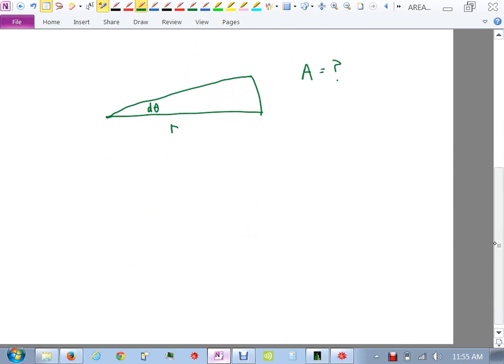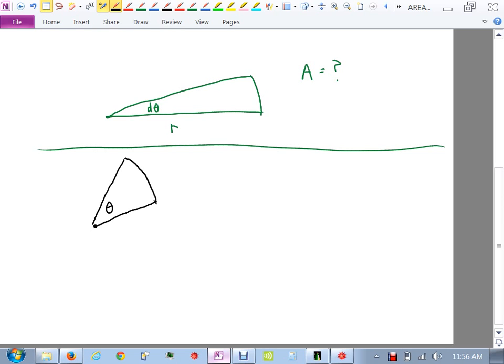Anyone ever see this before? If you take a radius and swing it through an angle theta, the area of this is 1/2 r squared theta.